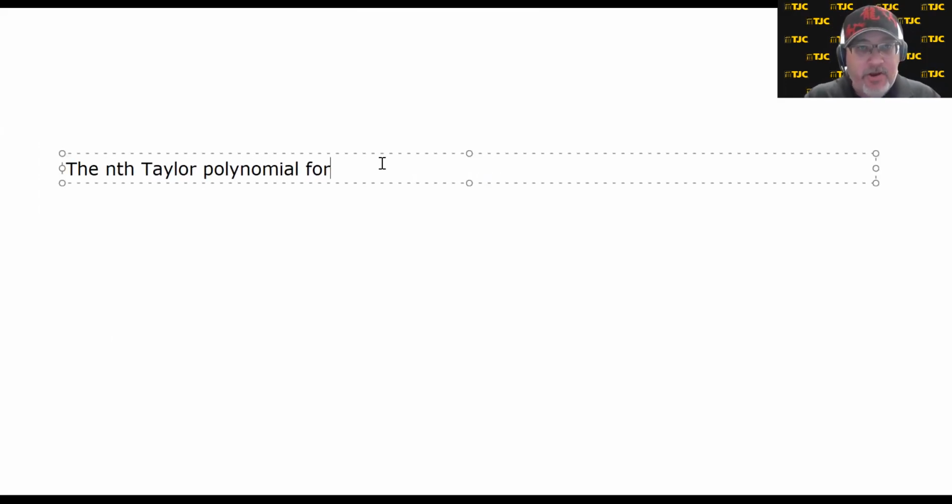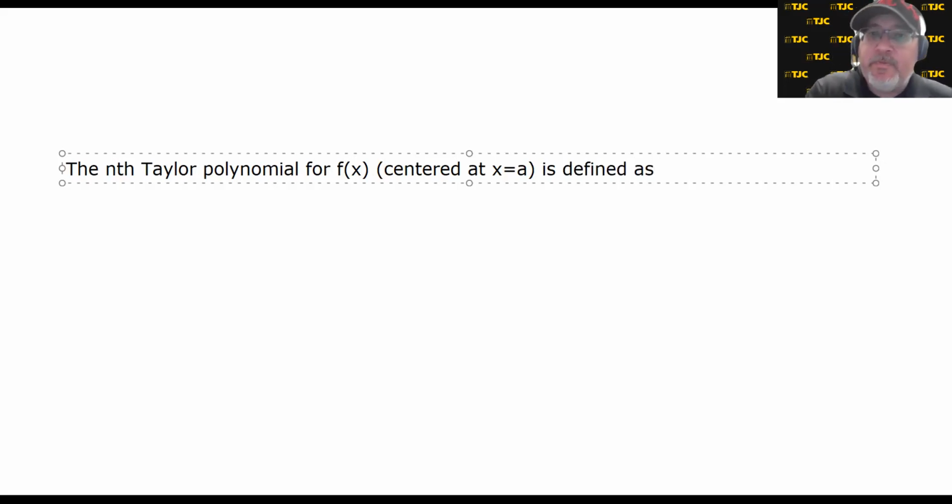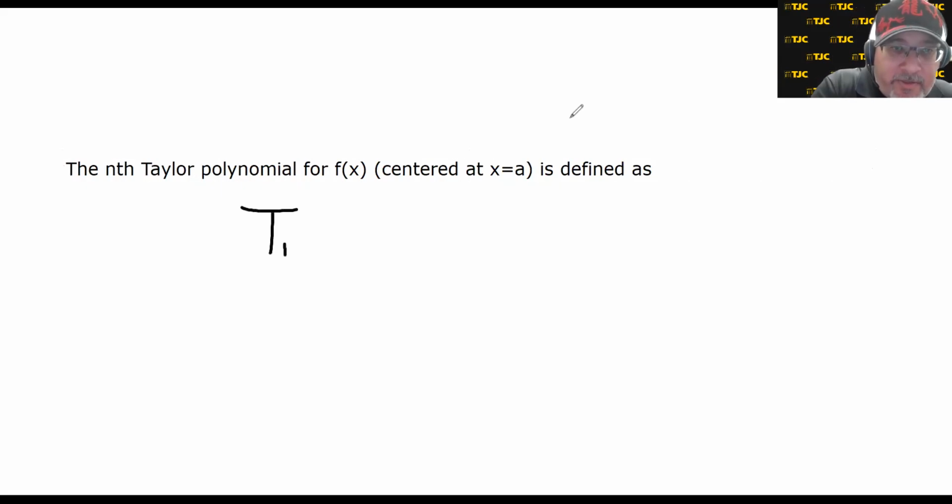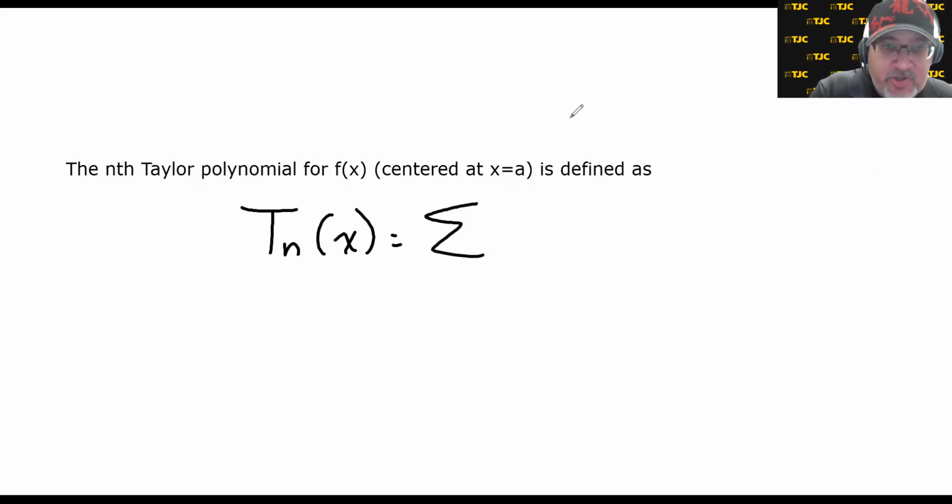The nth Taylor polynomial for f of x centered at x equals a, because remember, when you have a Taylor polynomial or a Taylor series, the center can be wherever, is defined as, and I'll draw this, it looks like the Taylor series.